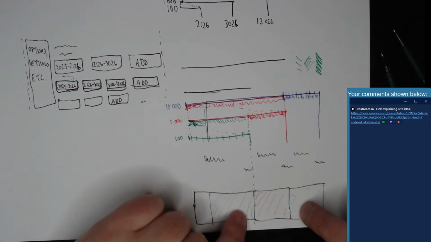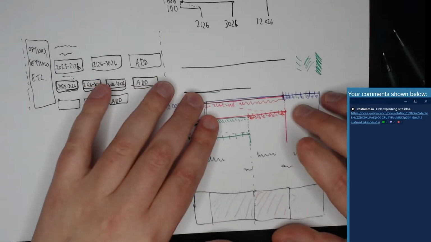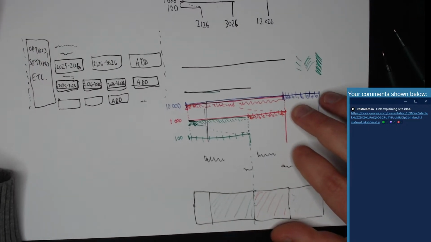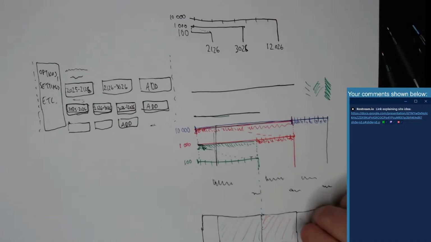So if you have these different backgrounds on the graph, maybe that could help to make the connection. I don't know.